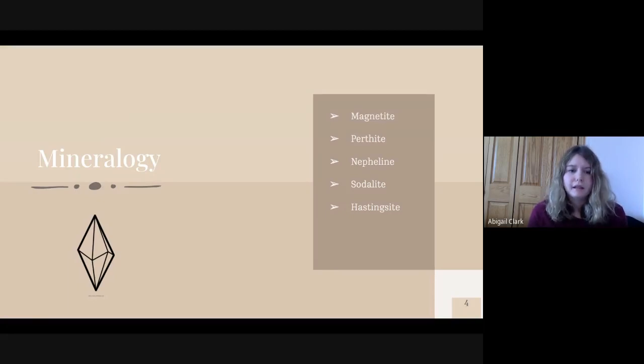In general, you have a potassium-rich host or base feldspar with a sodium-rich exsolution lamellae or intergrowth. So for this rock, we have a microcline base, which is our potassium-rich feldspar, and an albite exsolution lamellae, which is our sodium-rich feldspar, as well as nepheline, sodalite, and hastingsite, which is an amphibole.